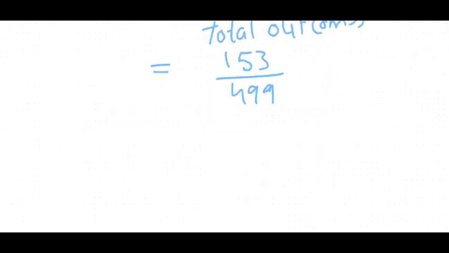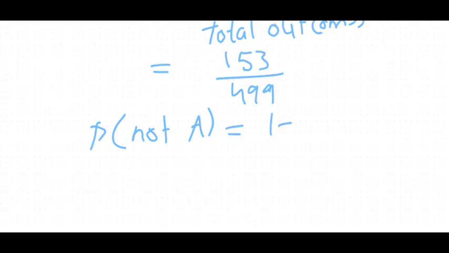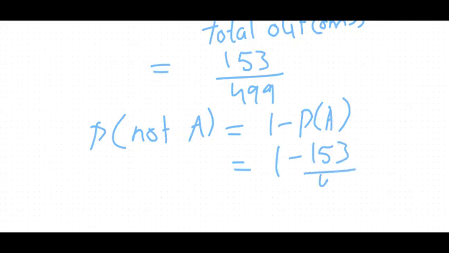Now for this we calculate the complementary probability, P of not A. So how do we calculate this? The probability of not having exactly one 5 has the formula 1 minus P of A. So I'm putting in the formula, 1 minus 153 by 499, and I'm just going to simplify this.